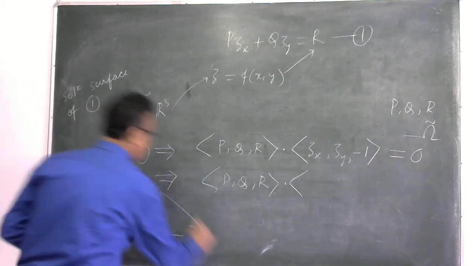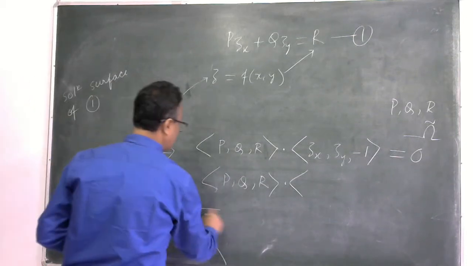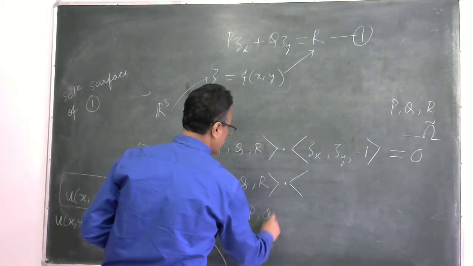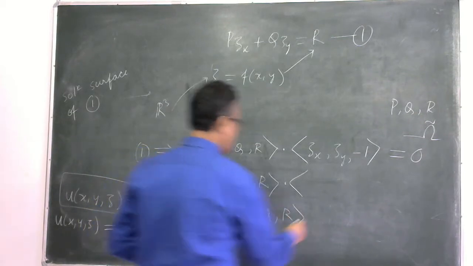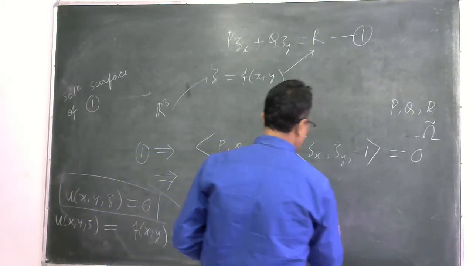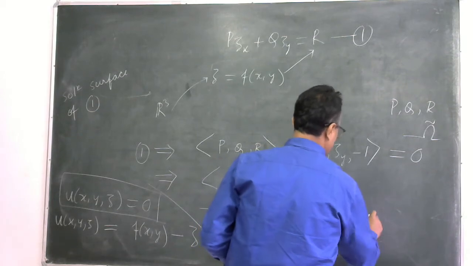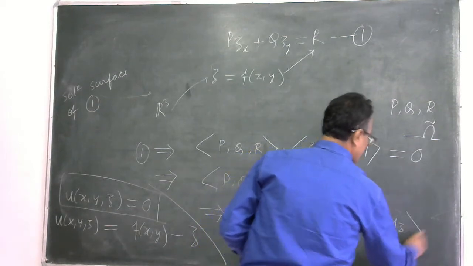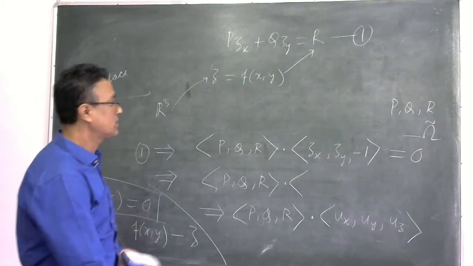Then what is going to happen? This is simply going to indicate that this is your u_x, u_y, u_z. Is it okay? Fine.